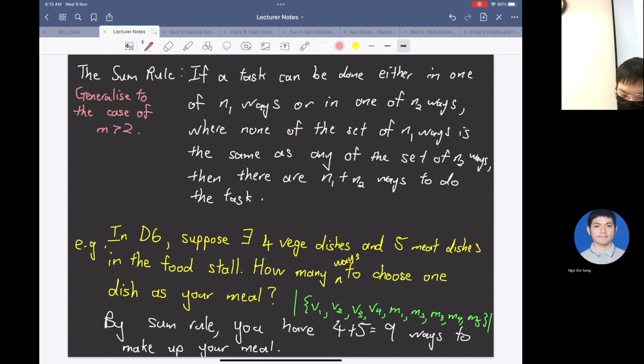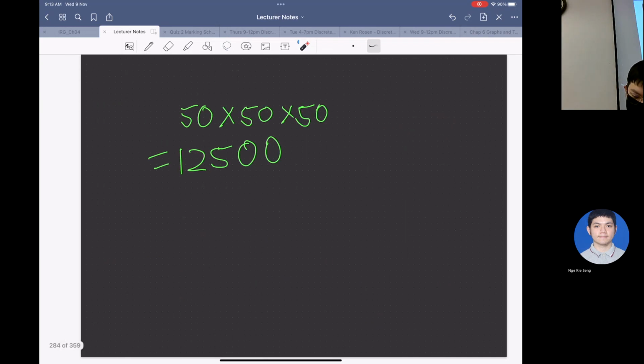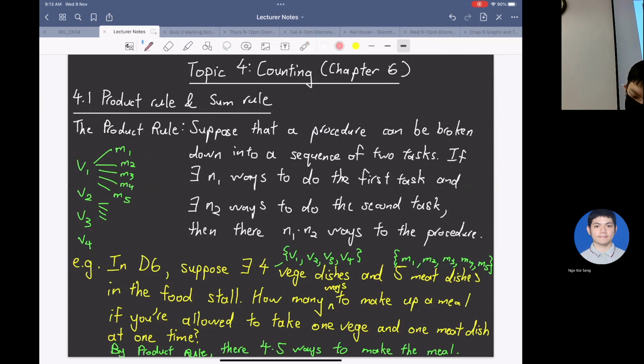Meaning you can have n1, n2, n3, n4 up to nm ways. So you can add all of them, given that there is no intersection. Similarly, for the product, you can also generalize to the m greater than 2 case.